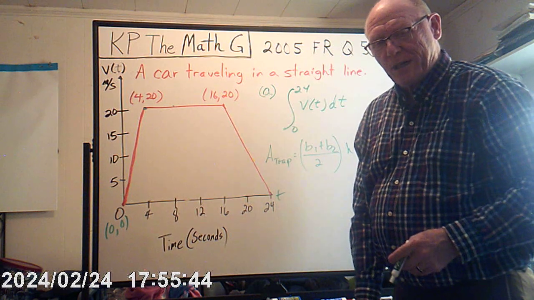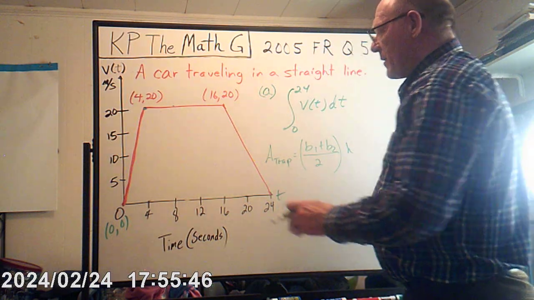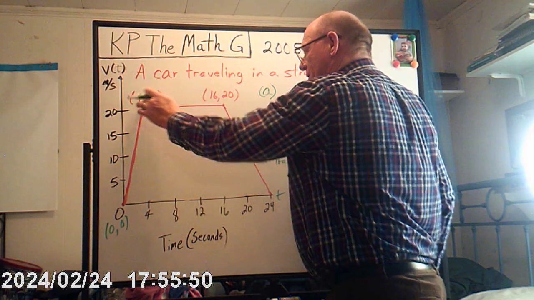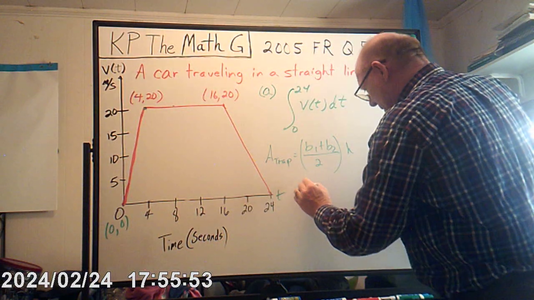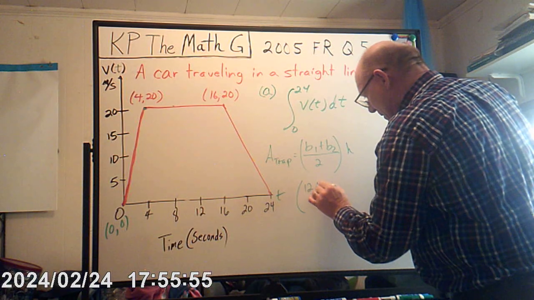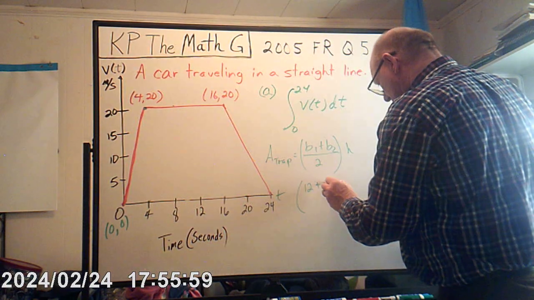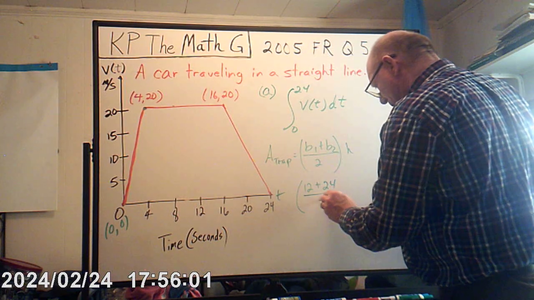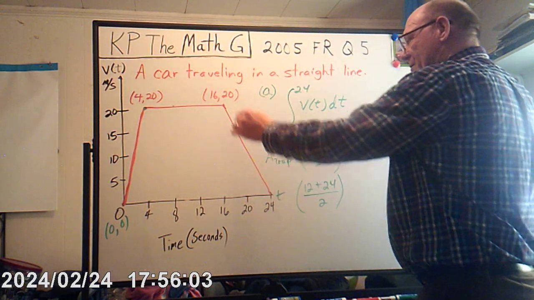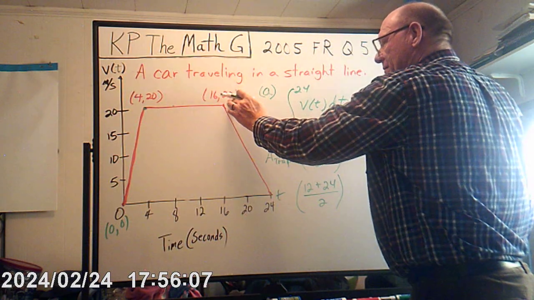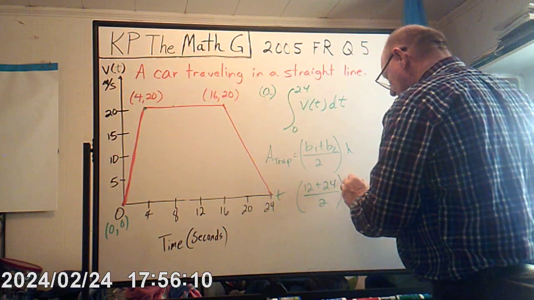The length of base, we'll call this base 1, that's going to be 16 minus 4, which is 12. So this is going to be 12 plus, the bottom is from 0 to 24, so 24, divided by 2, and then times the height of this is going to be 20. Alright, your y value is 20.